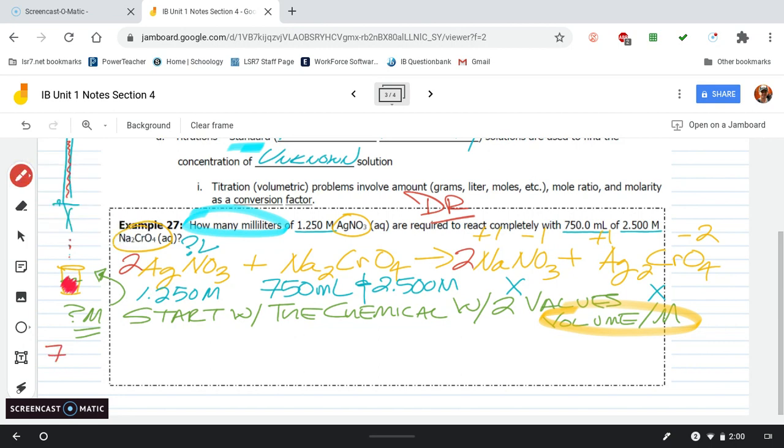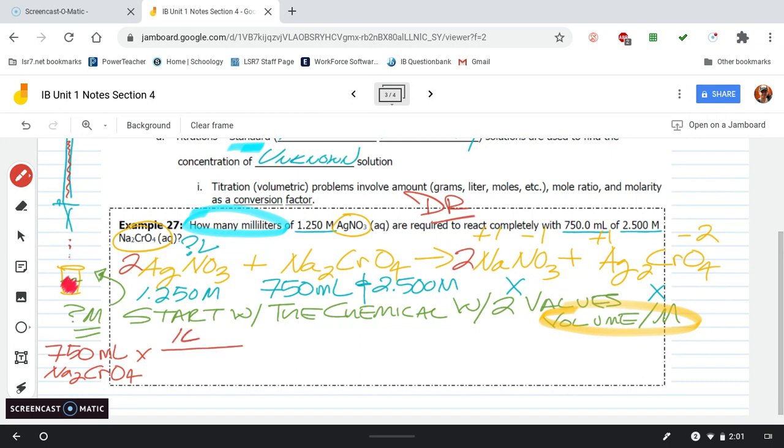So 750 milliliters of the Na2CrO4. Okay, so first thing I'm going to do is convert that into liters.